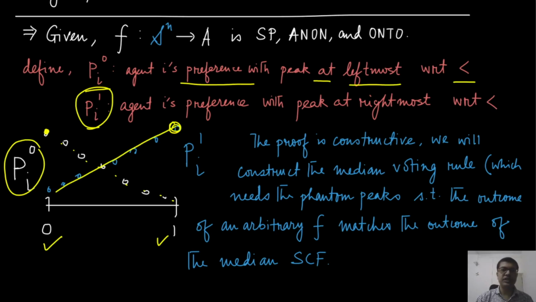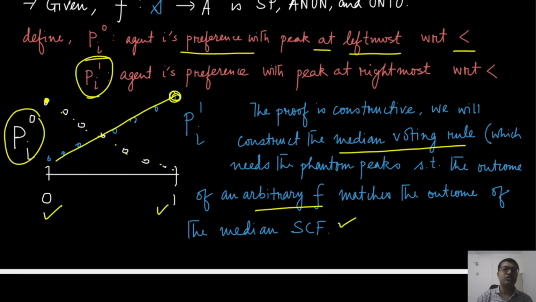Now the proof is a little longish, and we are going to prove it via smaller claims, and it is also constructive. So we will construct a median voting rule, with the phantom peaks chosen such that the outcome of an arbitrary social choice function f matches the outcome of the median social choice function which we construct. So let us go over this.